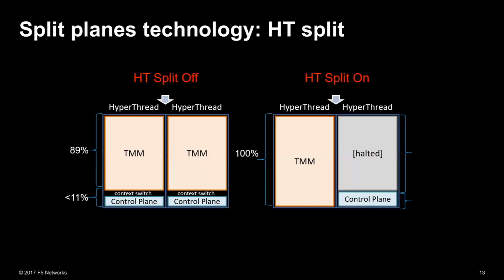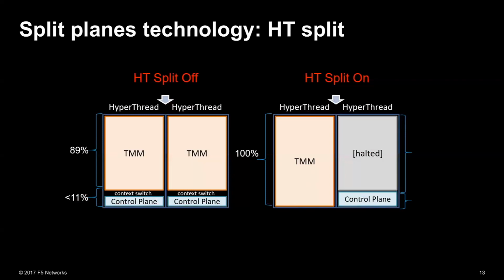When the HT split is on, one of the logical cores will be assigned purely to process TMM, and the odd core will be handling the control plane tasks. Note that when HT split is on, the odd number core is partially halted.